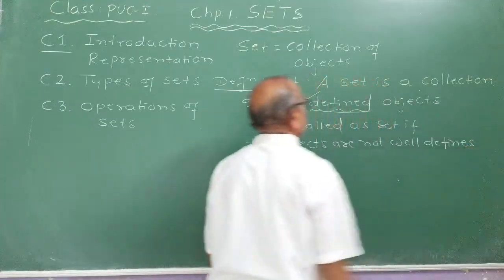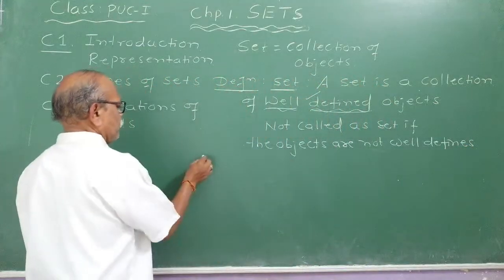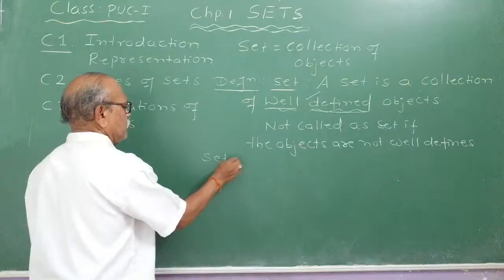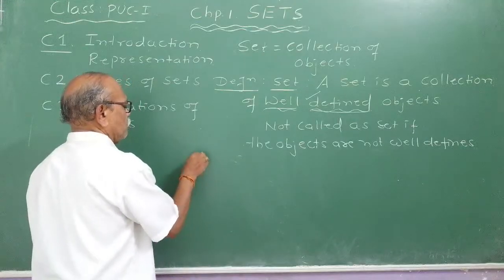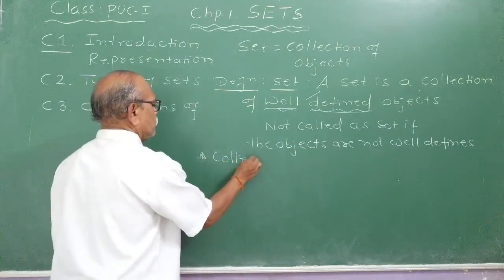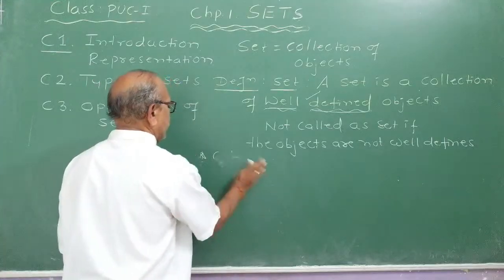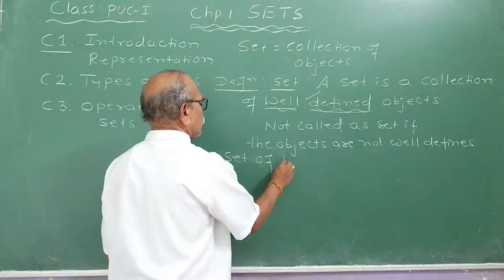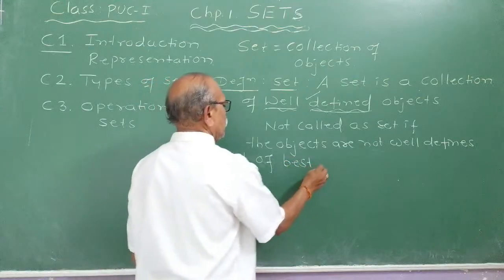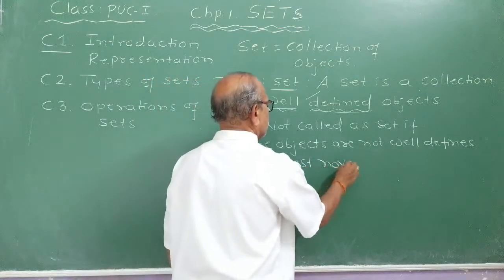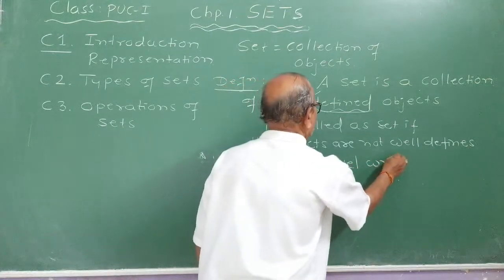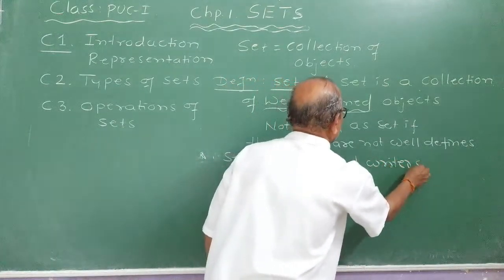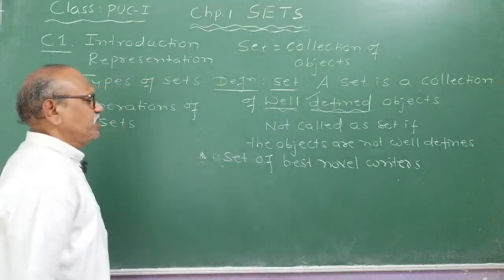For example, if I take a set or collection of best novel writers, is it well defined?